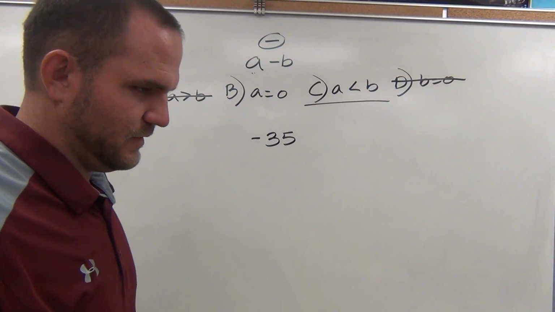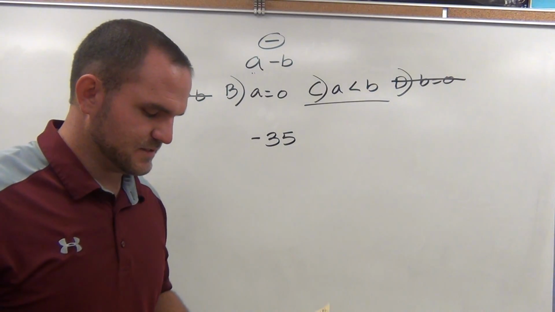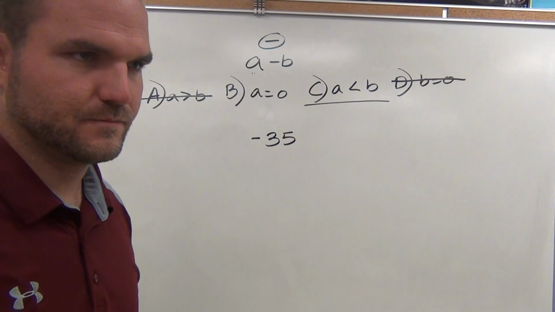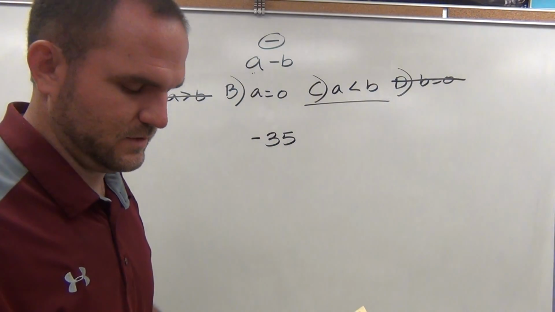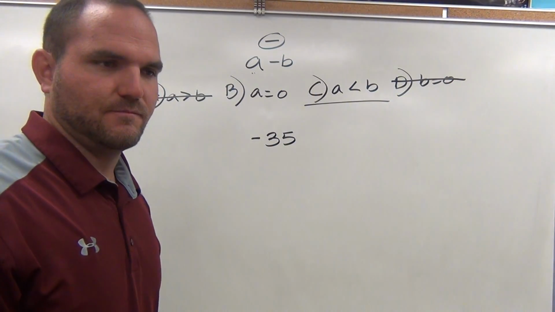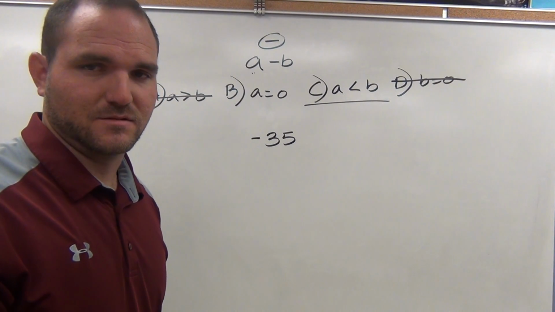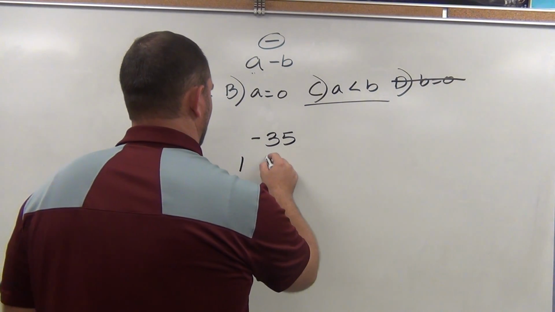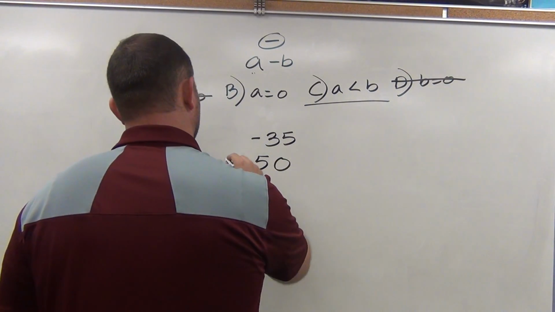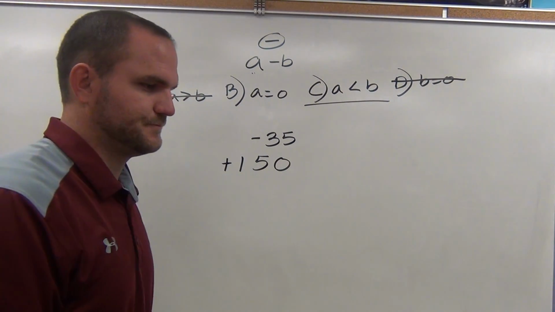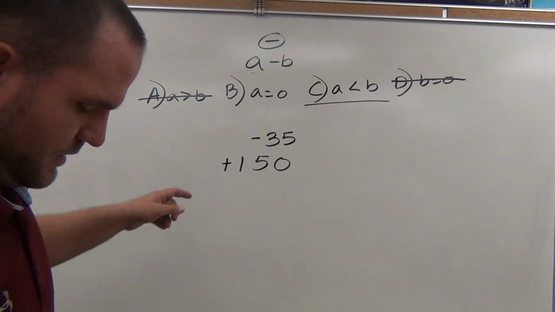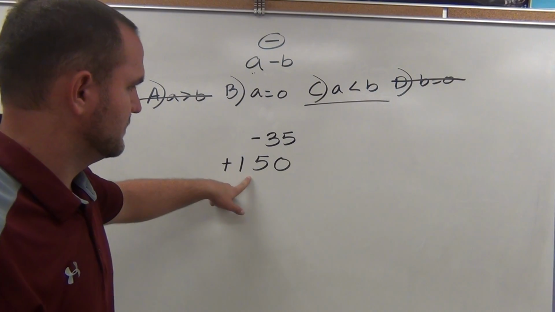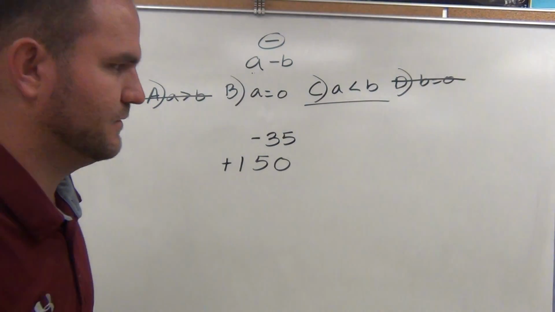Now, if you're in my class and you're reading this problem, it says that you have a balance of 150. But really what it was supposed to say was that you're given $150 now. And let's do a positive on that. So you're given $150. They took out $35.